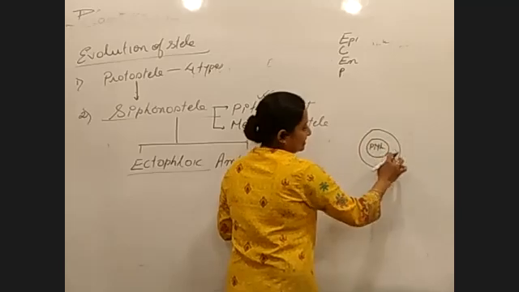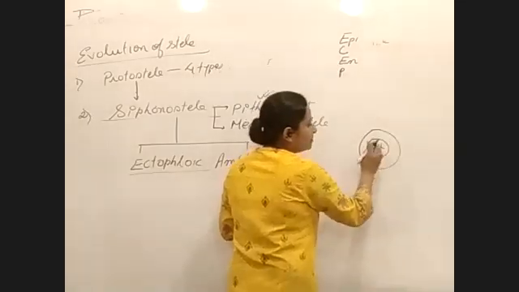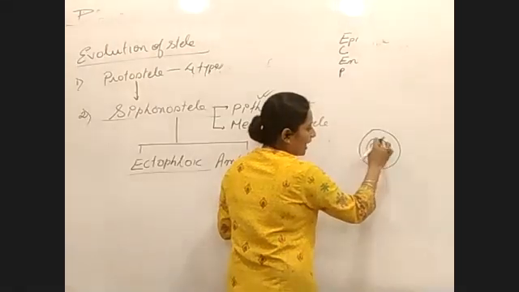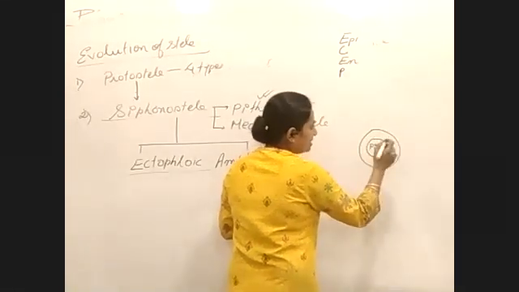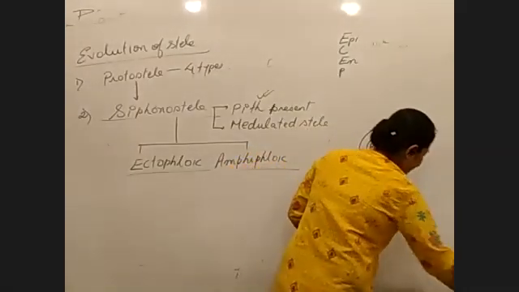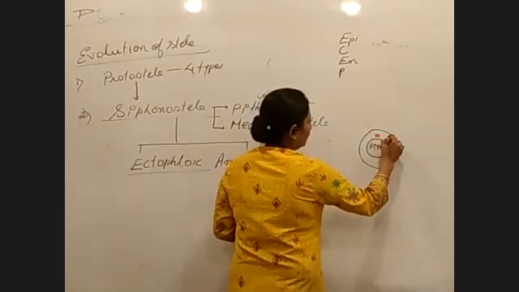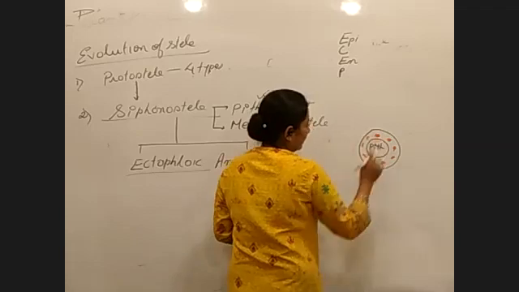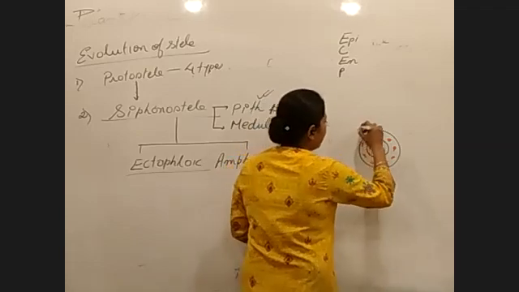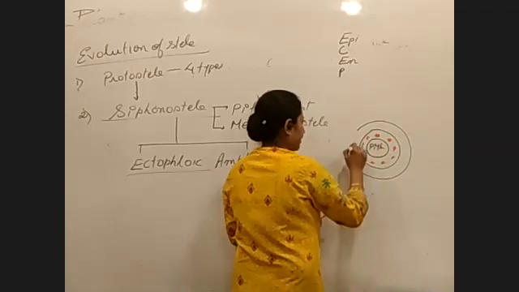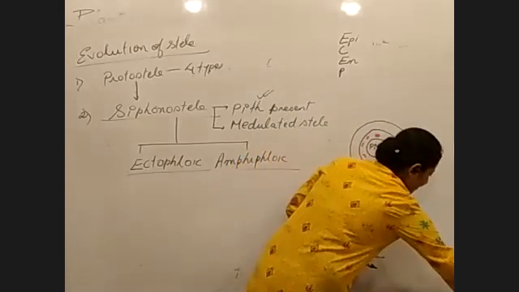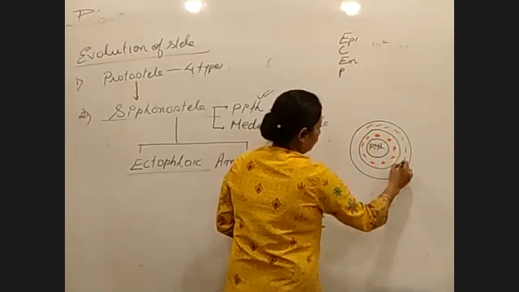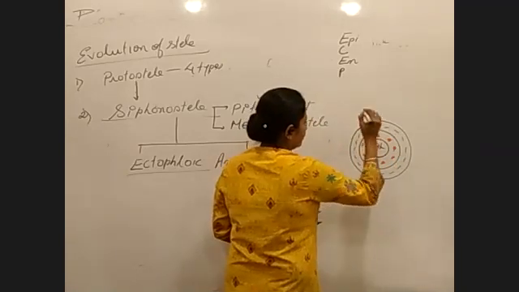Since it is a stellar structure, the pith is present. Pith is surrounded by what? Earlier there were xylem tissues, so the xylem was separated, and parenchymatous tissues formed in the middle, and this is called pith. If this is pith, the next layer is xylem. Xylem is surrounded by phloem. So this will be the diagram.